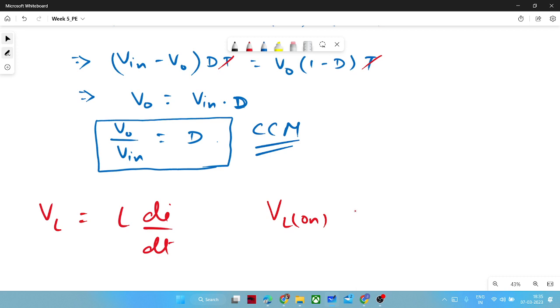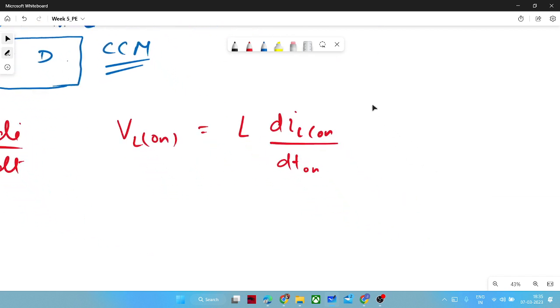Just for convenience, we are taking VL on. That will be L dIL on by dt. So your inductor current is changing by delta IL for a finite time period, and this is the ripple in your inductor current.